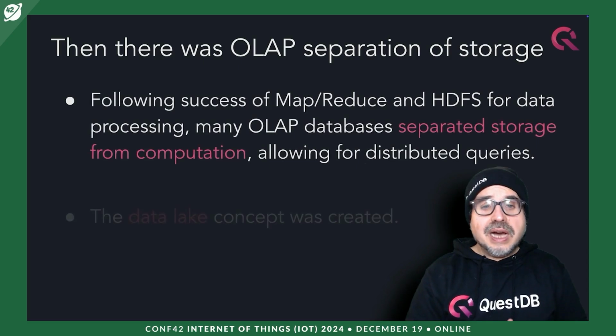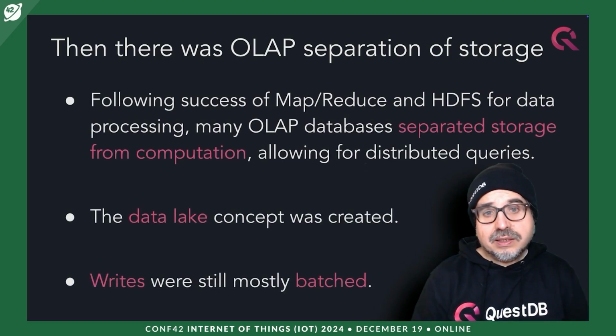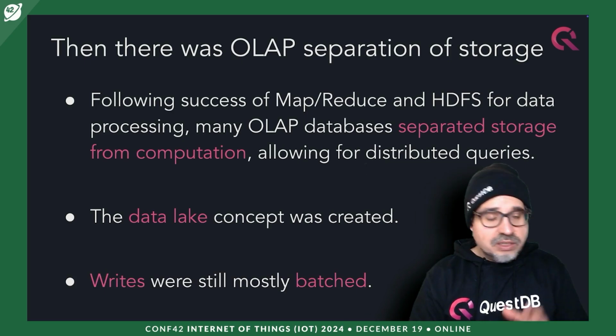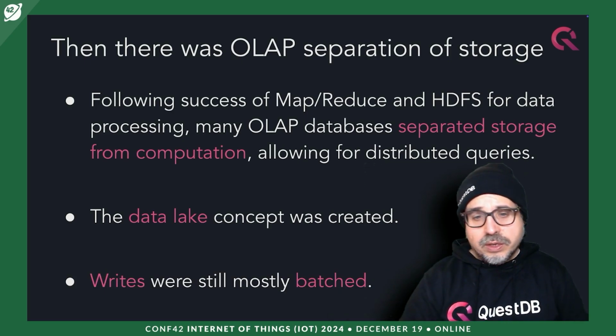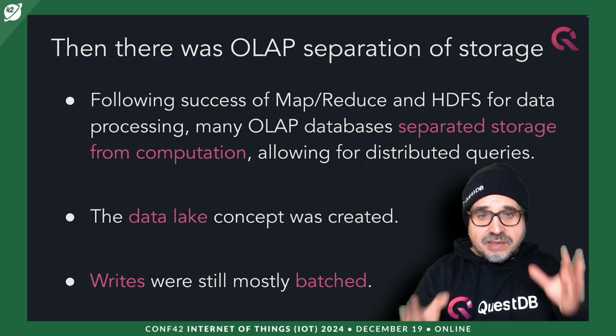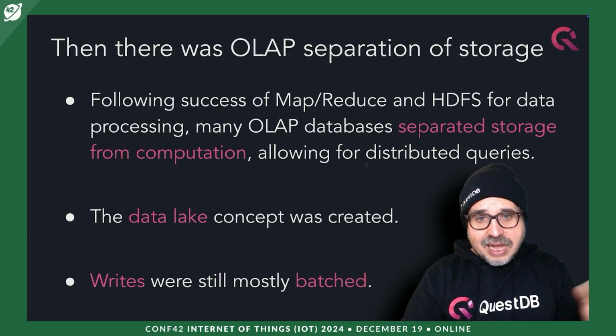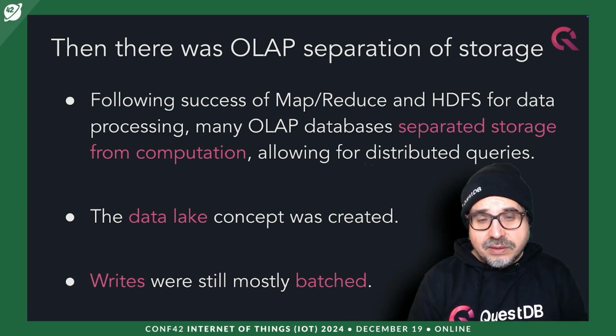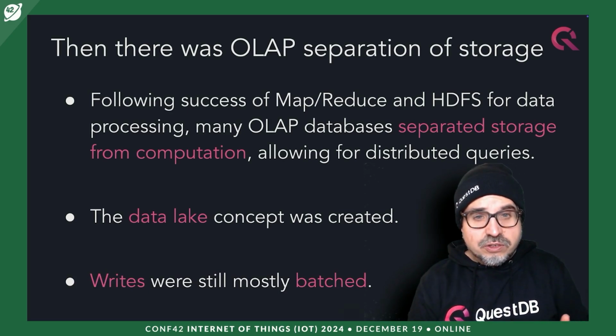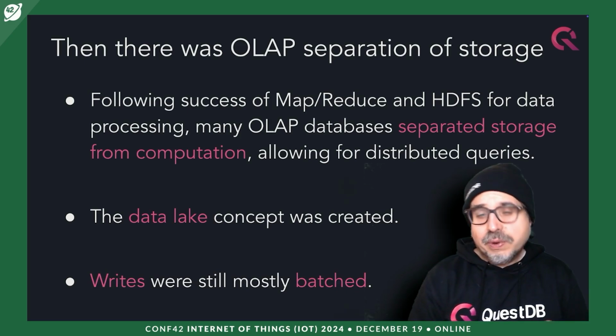And of course, analytical databases got better. They started the trend of separating storage and computation, so now you could use multiple instances in parallel to query data and then aggregate, reducing latency. So still we are speaking about seconds rather than milliseconds, but they were way faster.